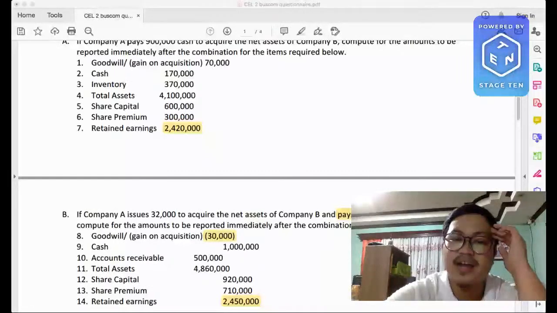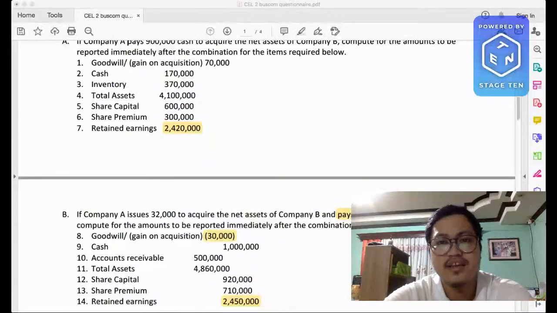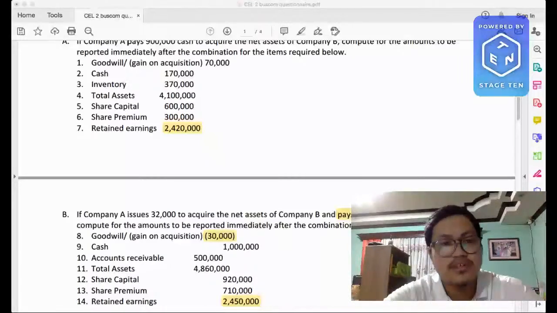If it is an asset acquisition, class, the computation of your goodwill or gain is very easy. Just compare your consideration and your fair value of your net assets. Our formula is consideration minus fair value of net assets. Okay, it would give you your goodwill.